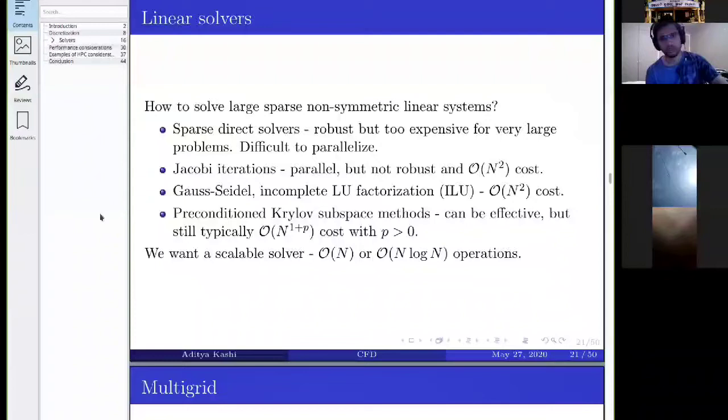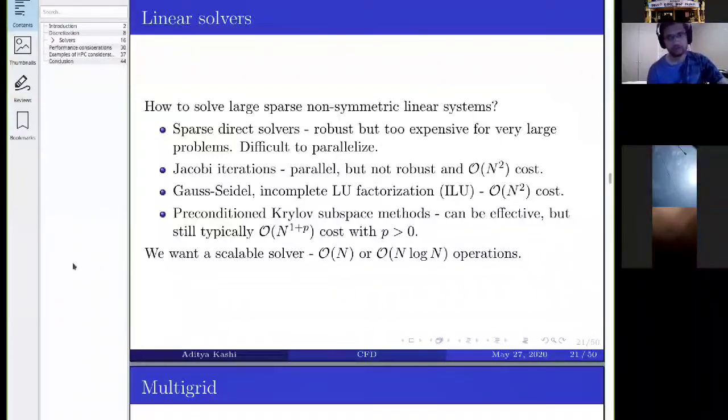Then we can use simple iterative methods like Jacobi iterations, and they also have an O(n squared) cost. So again, this is no better than just using an explicit scheme. So this is not good. Gauss-Seidel and incomplete LU factorization can be cost effective in the sense that each iteration is cheap, but again, they need a lot of iterations to converge, because of which, again, their cost is O(n squared).